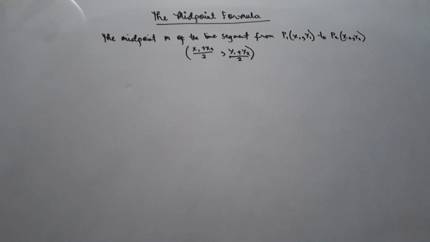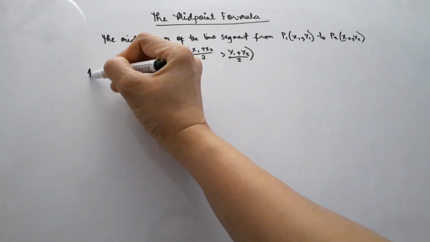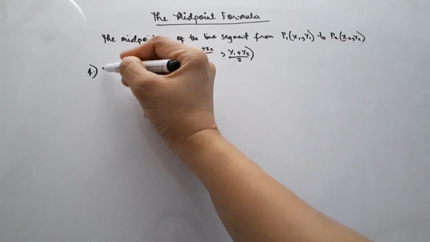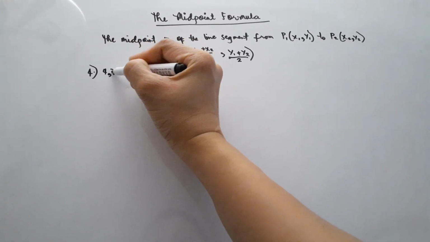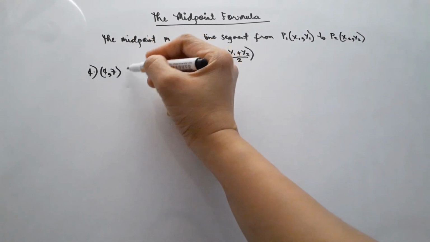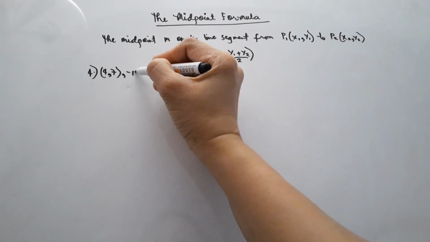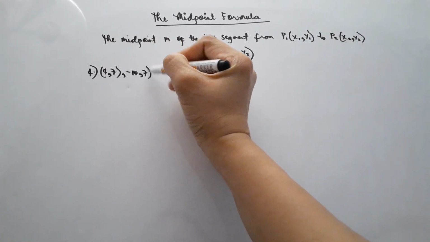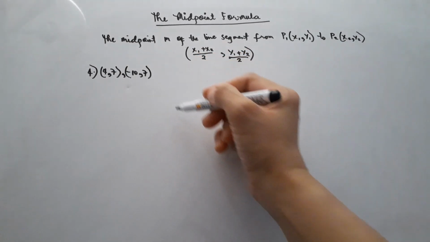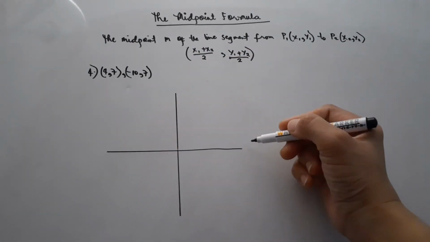Let's have an example number 4. We have 4 and 7, which is our point 1, and negative 10 and 7, which is our point 2. And then let's take it on the graph.